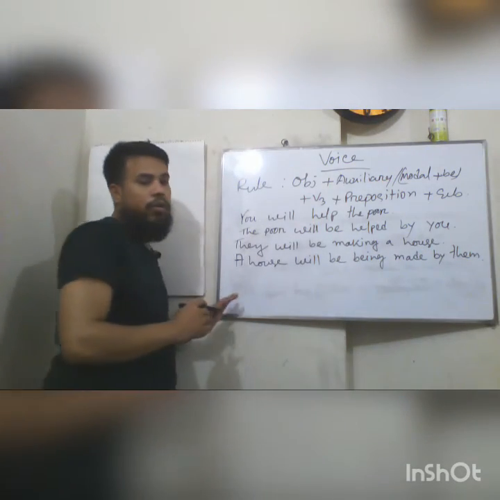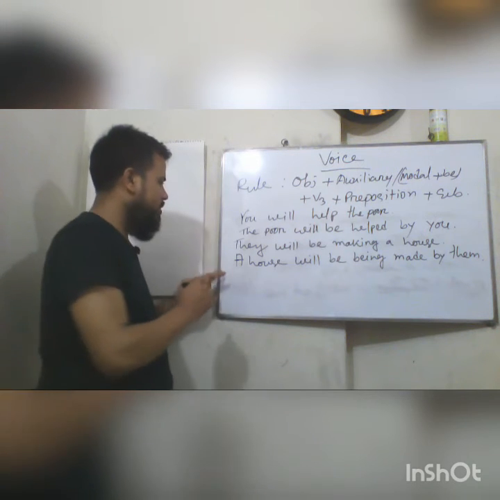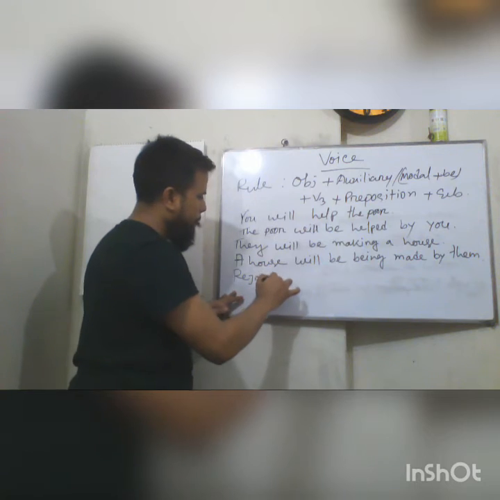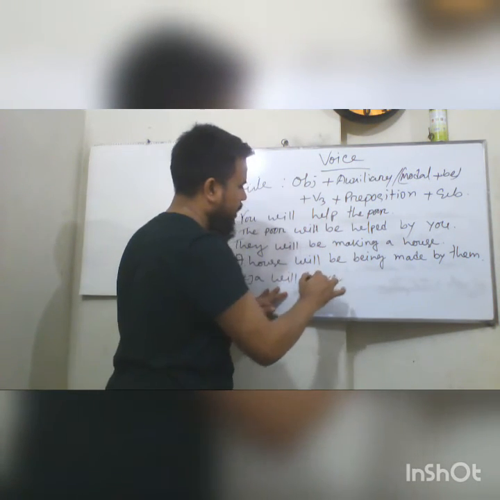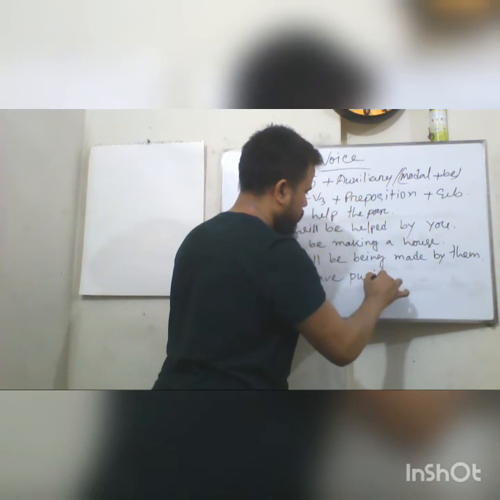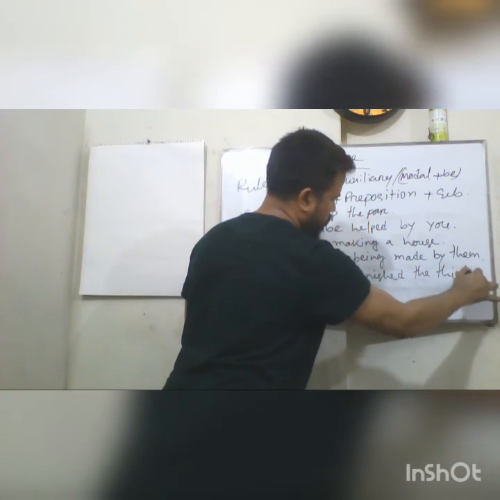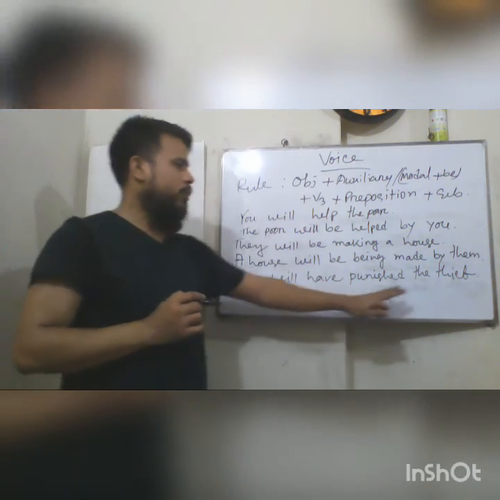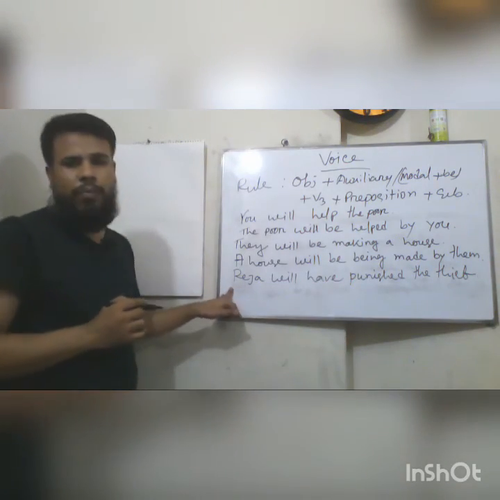Finally we have to write the future perfect tense. Reza will, modal, and then have. Reza will have punished the thief. Now we'll change the sentence from active to passive.